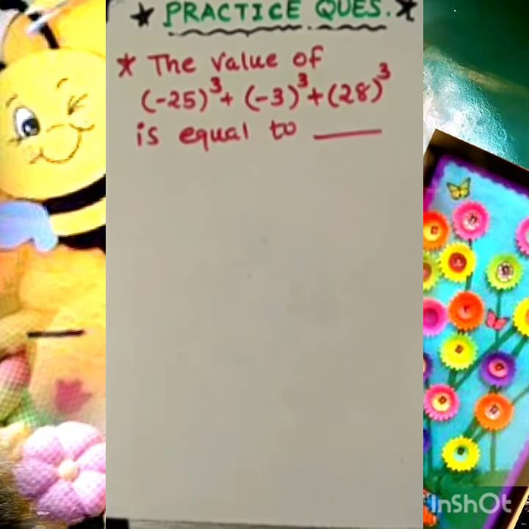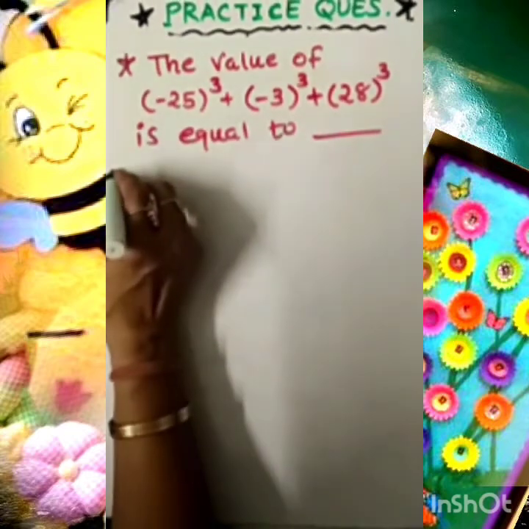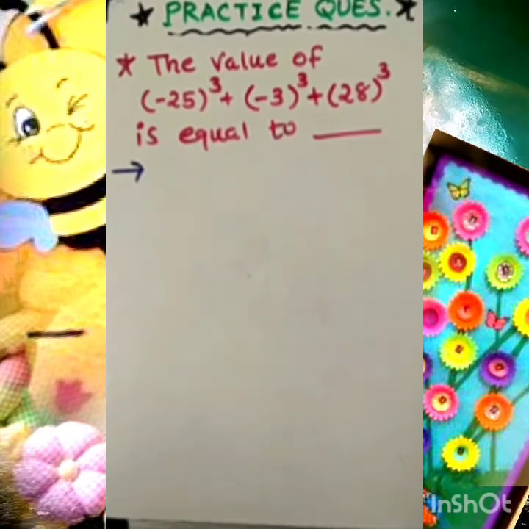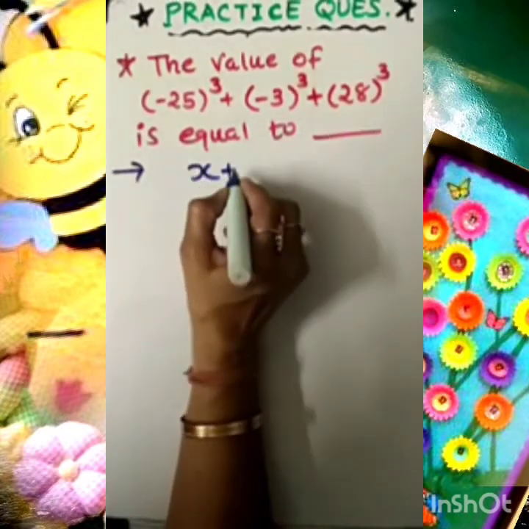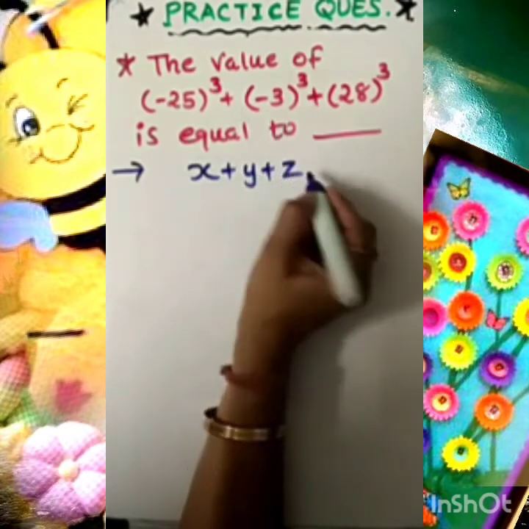So my dear student, one more question is in front of your screen. The value of minus 25 whole cube plus minus 3 whole cube plus 28 whole cube is equal to dash. Here also we need to apply the identity. Let's make our work easy by applying the identity. First of all, x plus y plus z.